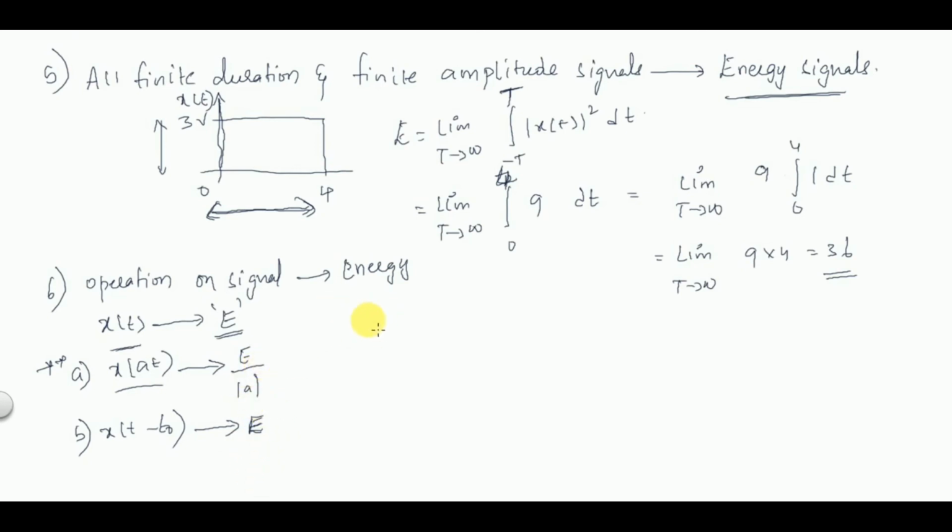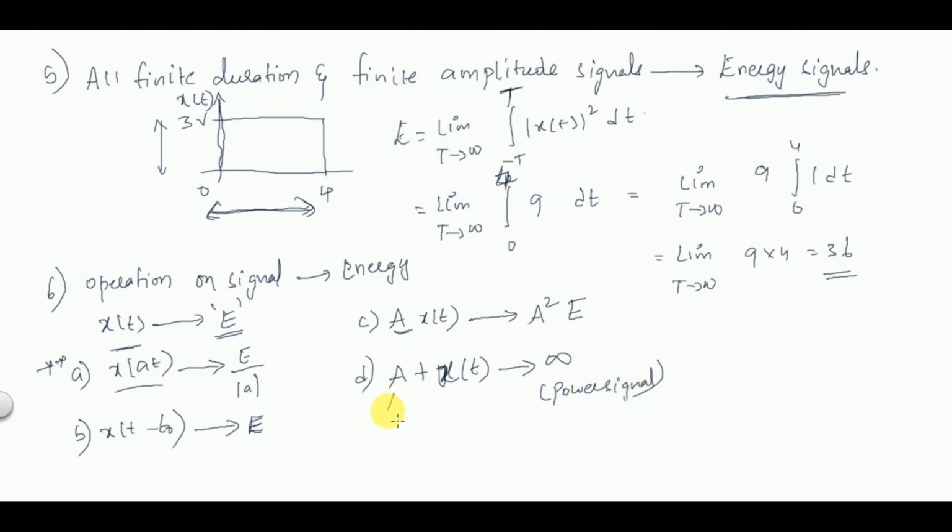And if it is scaled by amplitude, that is a into x of t, its energy is given by a square into E, where a is some amplitude scaling. And if you are adding a constant, a plus x of t, then its energy is infinity, it is a power signal.